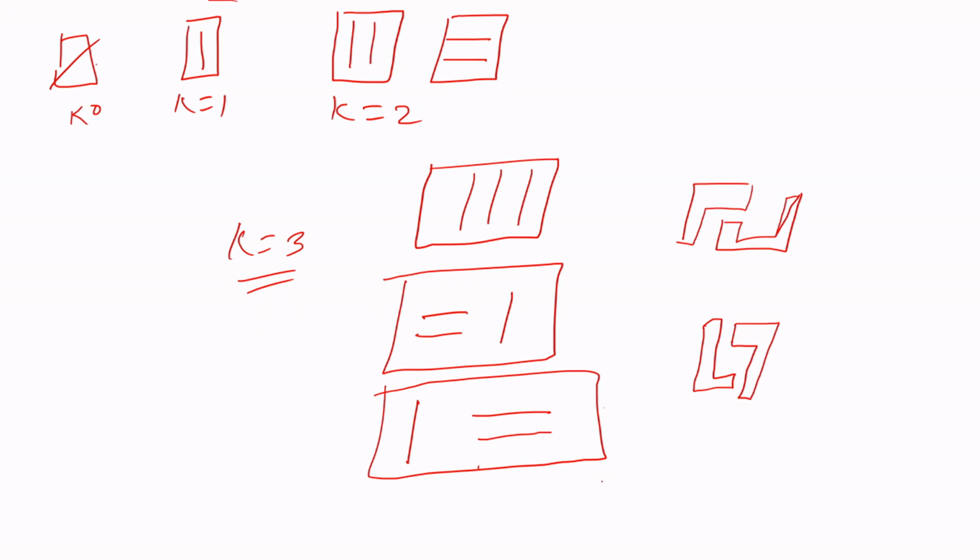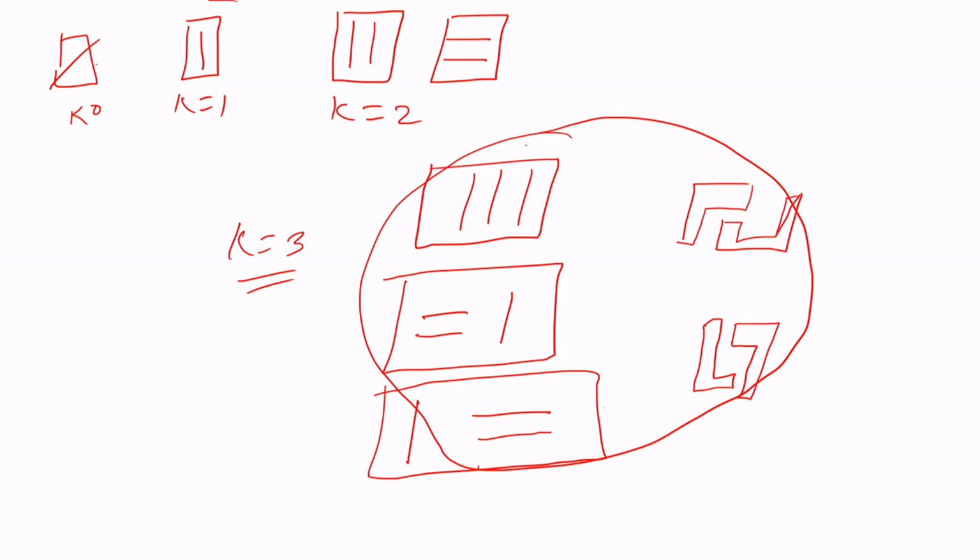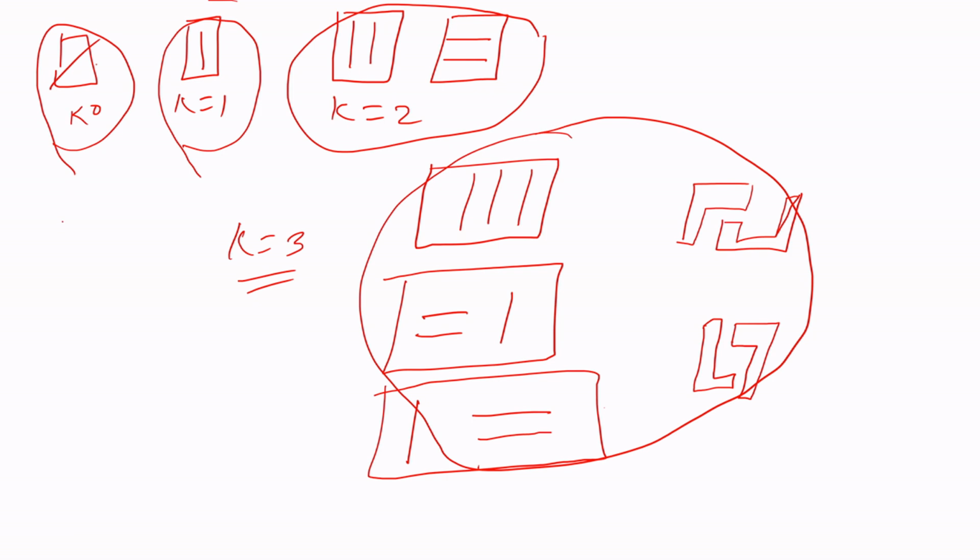So total, if k equal to 3, these are our combinations. When k equal to 2, there are two combinations only, horizontal or vertical. When k equal to 1, there is only one combination. And when k is 0, there are no combinations.